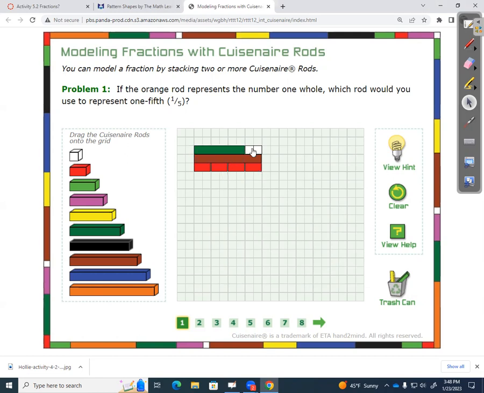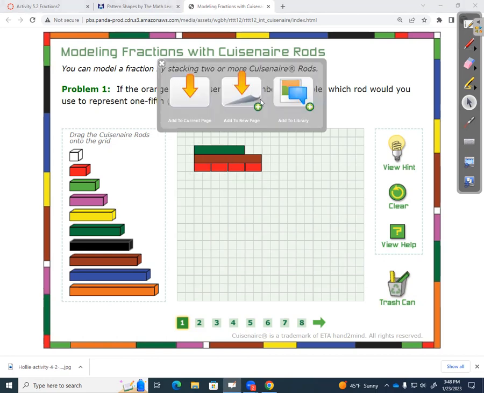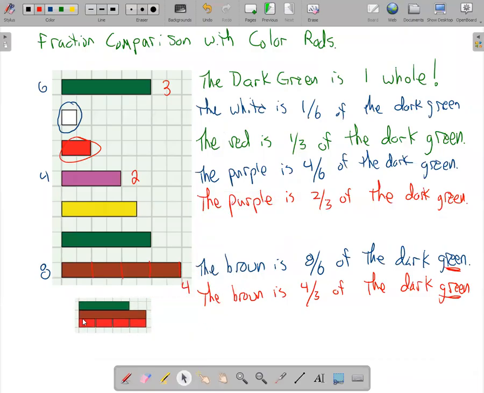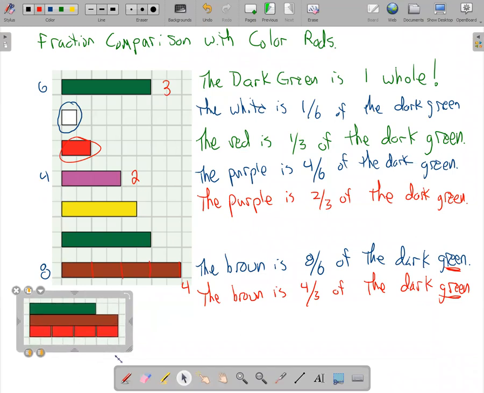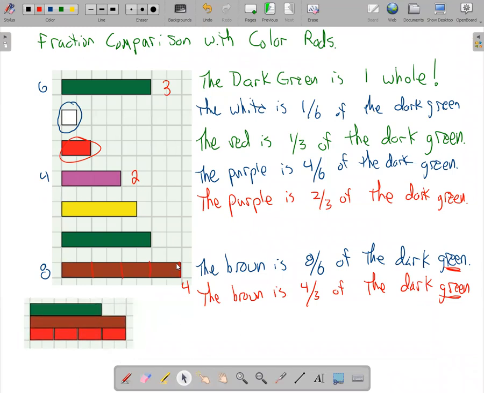So another way to think about that, pull this picture out. This one right here, I can say something like brown is 1 1/3, right? That extra chunk there is 1/3 of the green.